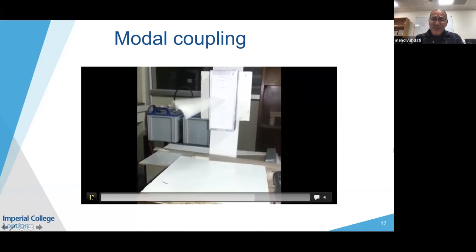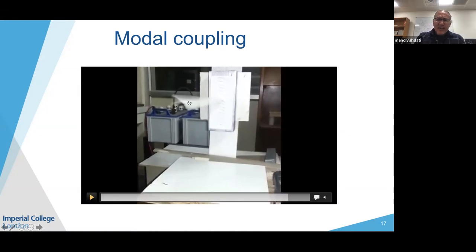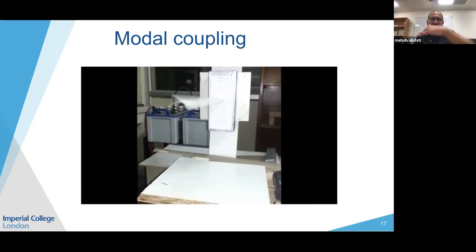Let me try to stop it at the correct time. Now, you can see that the blade is not vibrating in a plunging or a pitching motion. What is vibrating is a combination of plunging and pitching. So you have created a mode that plunges and pitches.